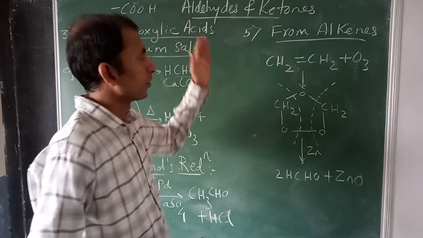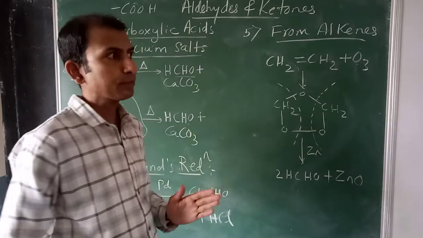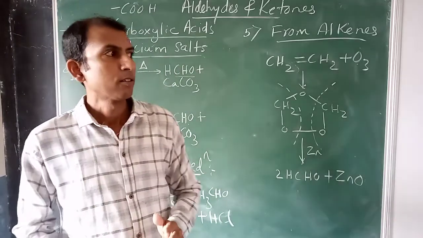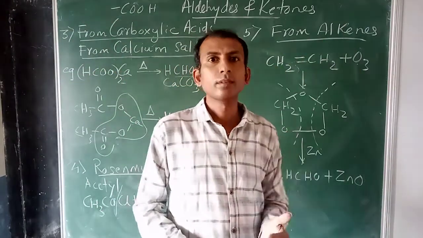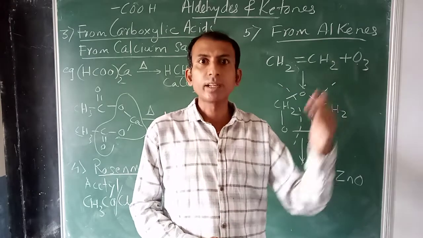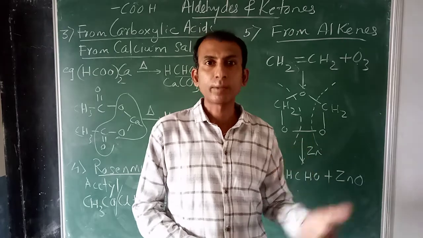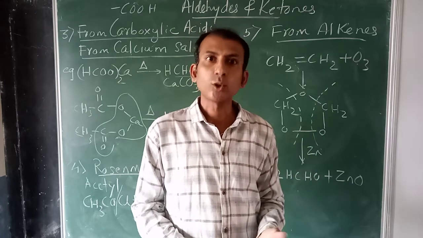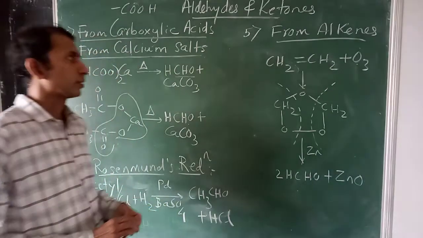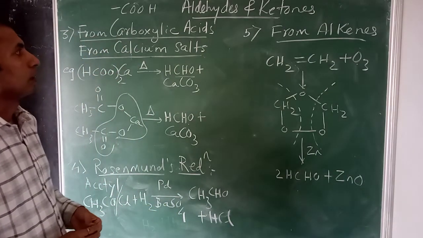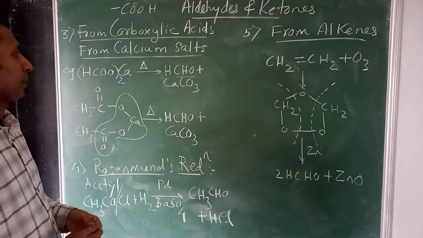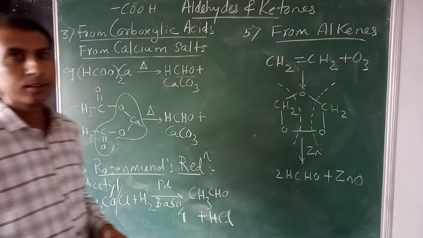In the same class of reaction, that is ozonolysis, if you take higher alkenes containing more than 3 carbon atoms, you can prepare ketone. So these are the 3 methods of reaction we have studied today.